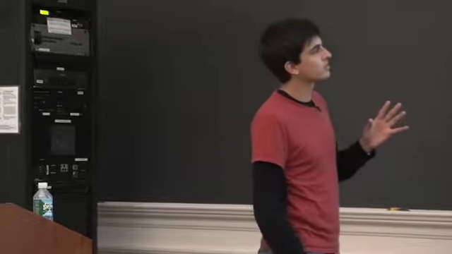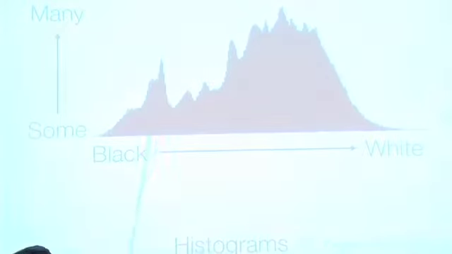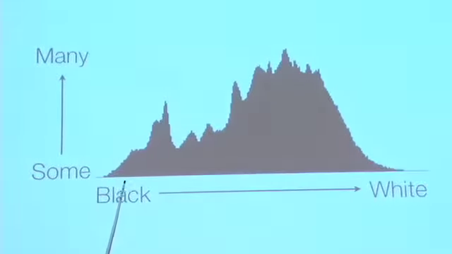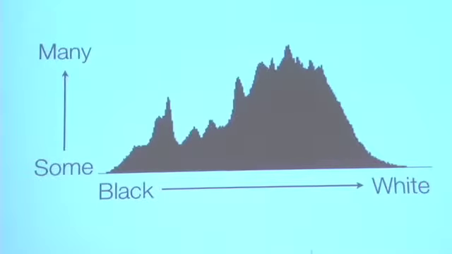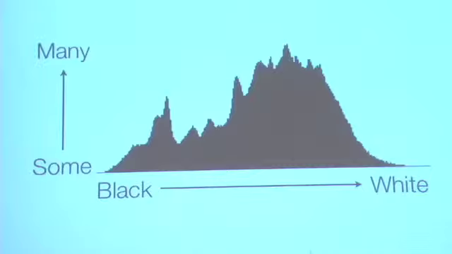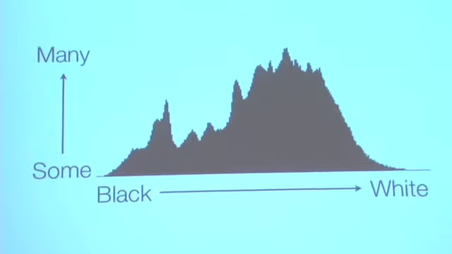Now, tonal range, which is much more important to us when we're talking about histograms, is basically the amount of gradation that we have in the middle here. So how many tones we have from this deepest black to this brightest white. If we have a wide tonal range, then we could have very smooth gradients.